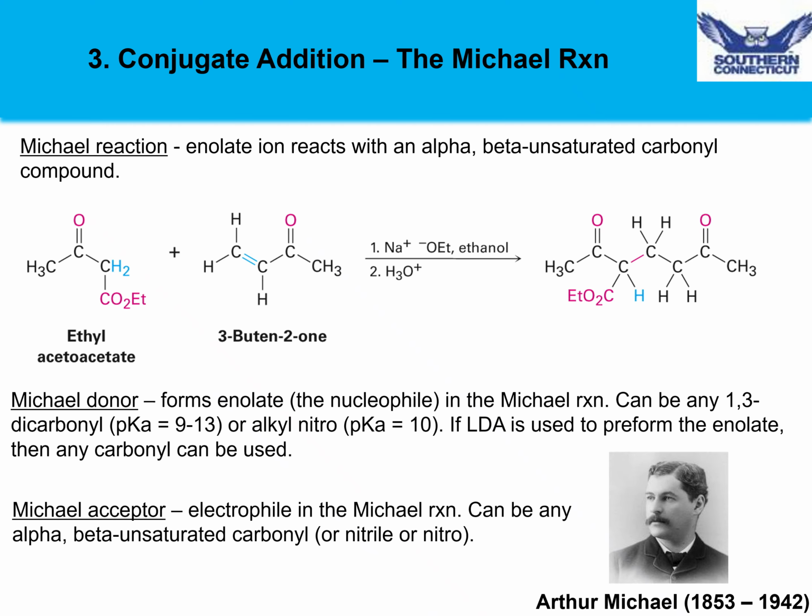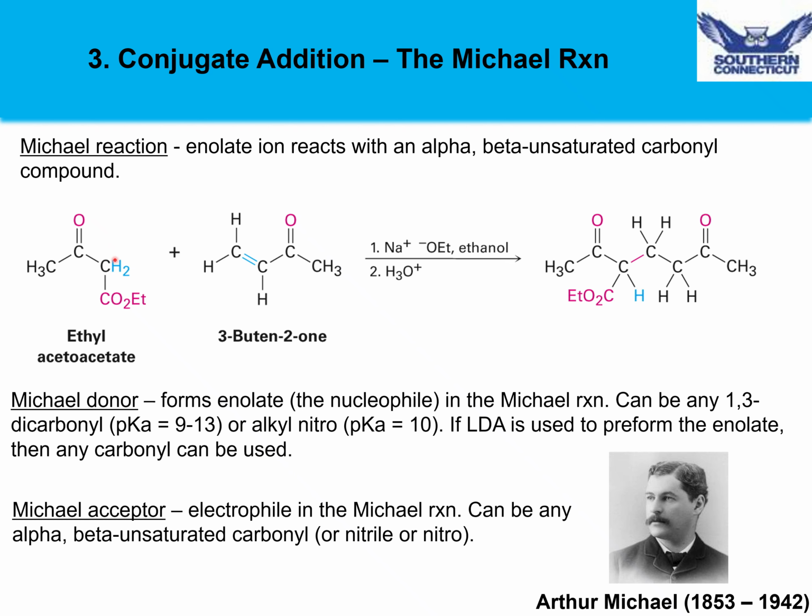Another classic condensation reaction is called the Michael reaction. This is a reaction where the enolate of one carbonyl compound reacts with the beta carbon of an alpha beta unsaturated carbonyl compound. As an example, if we use a beta ketoester such as this and add base, we'll remove one of these acidic hydrogens in the center of the two carbonyls.